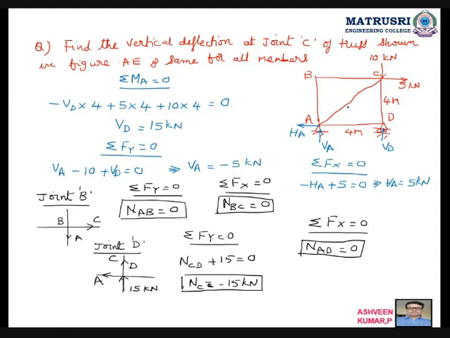If I am going for joint A, first draw the x and y. This is A, this is H, how much you got? 5.